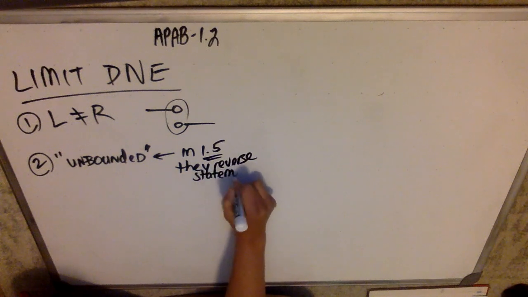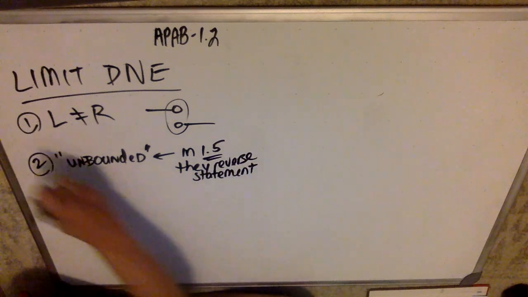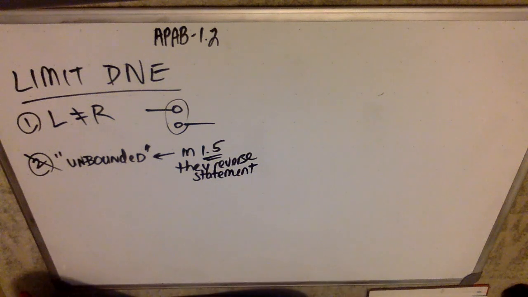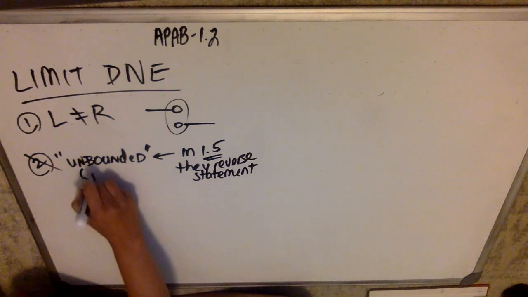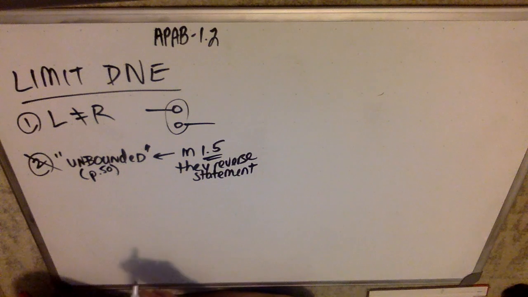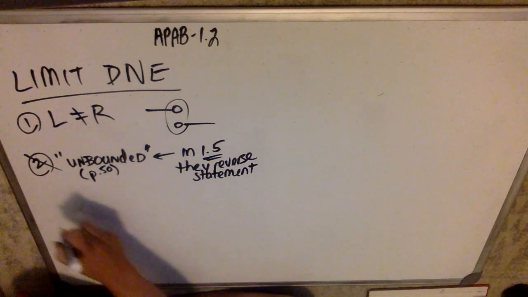And they say, oh, yeah, you can have limits that go to infinity. So we're going to kind of ignore that unbounded thing. And if you want to look at what they're talking about with unbounded things, you'll see it on page 50. One of the reasons I'm not going to go over it now is because if I'm going to have to reverse what they said in a couple days, it seems kind of dumb, huh? So I'm just going to ignore that.